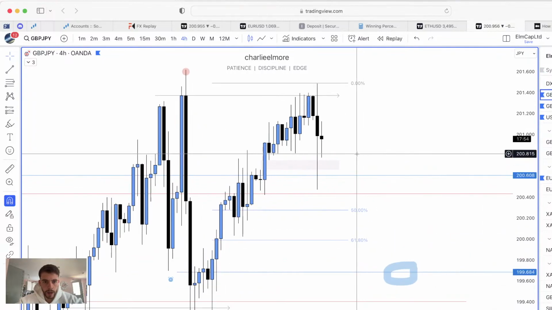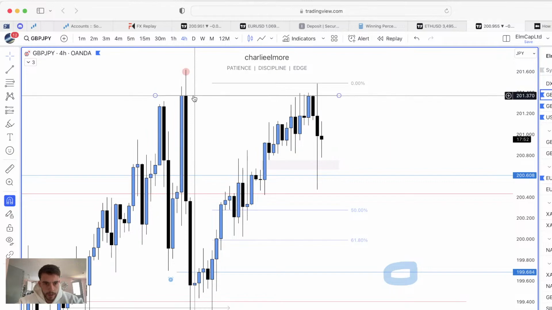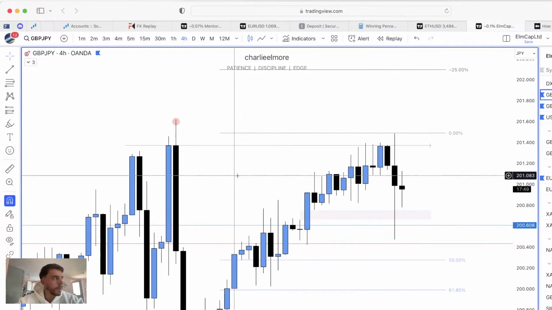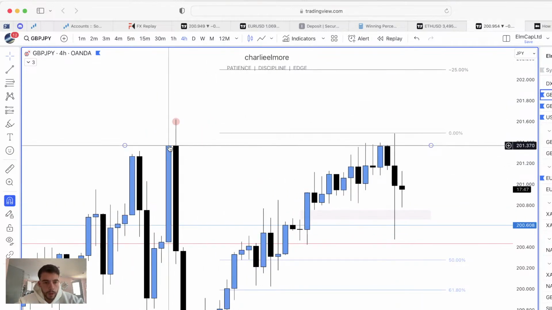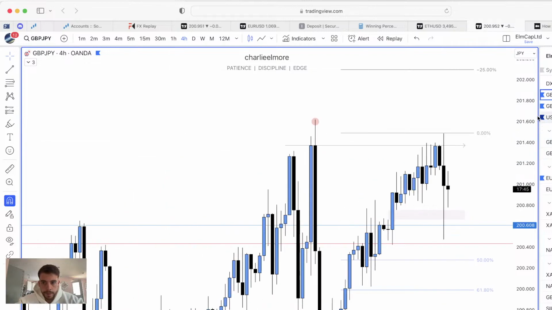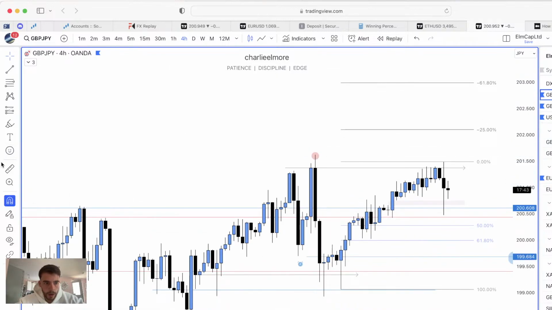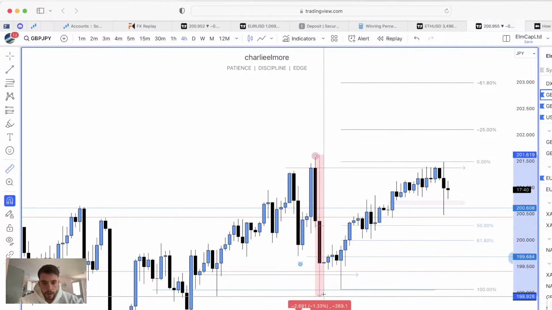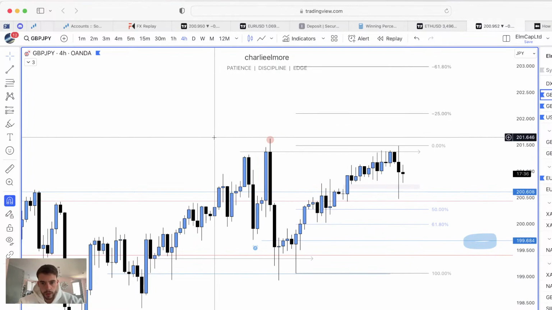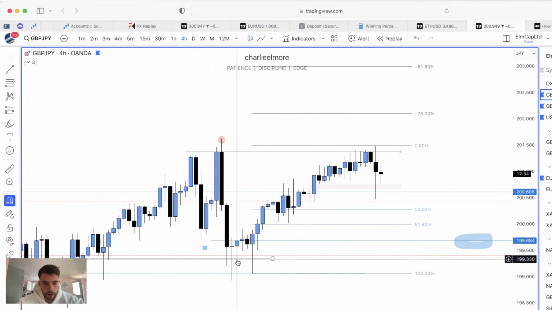And the nice thing about that as well is if we pay attention to this 4 hour area, 2 bodies, prominent high. So price made this high and then came down 269 pips. Let's just call it 270 pips from this high right here.